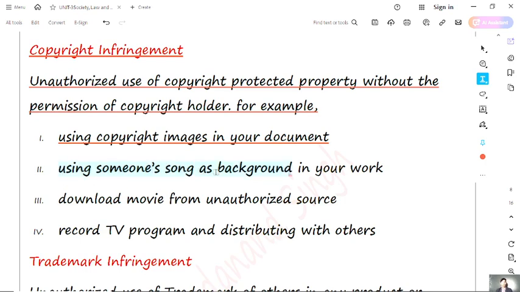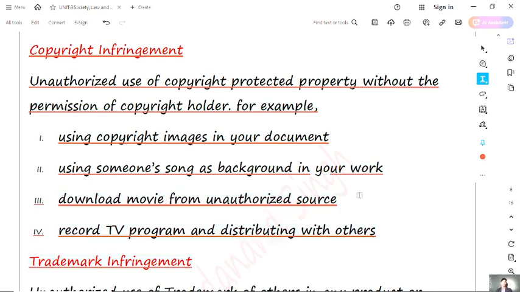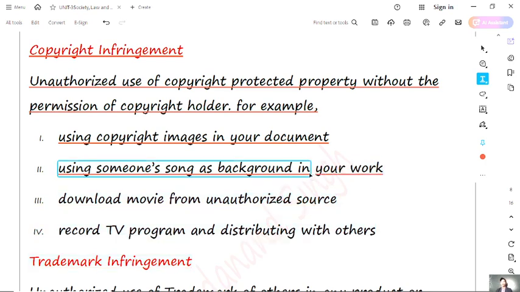Suppose you use someone's song in the background of your work. If I am making this video and some music is playing in the background, you cannot take someone's creation, because that is under copyright. Downloading movies from unauthorized sources would also be copyright infringement.